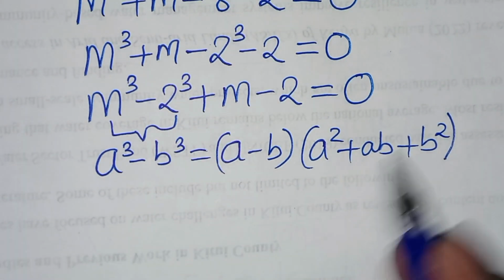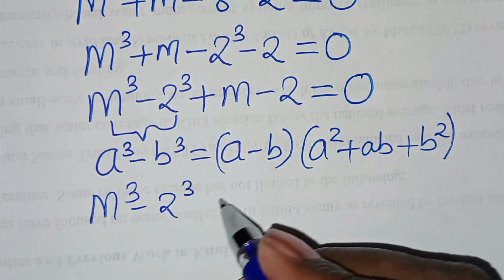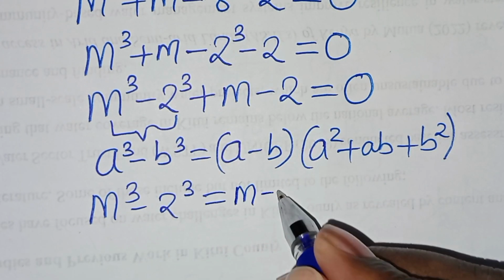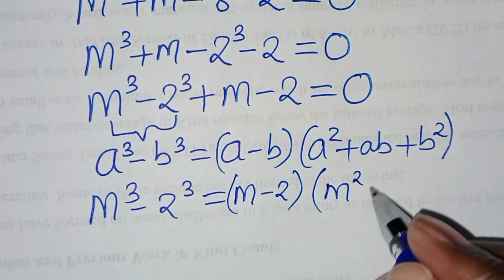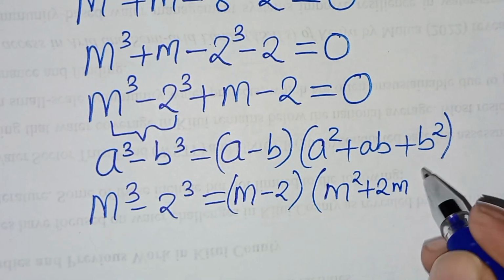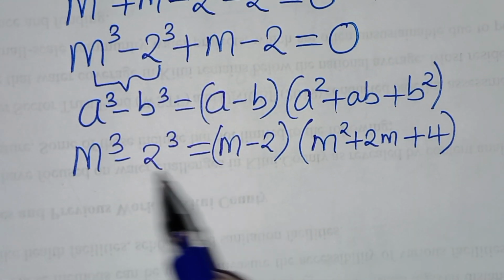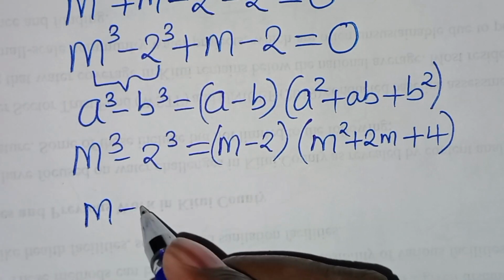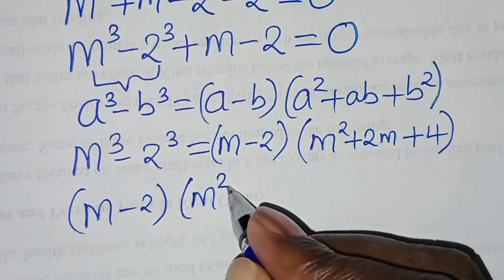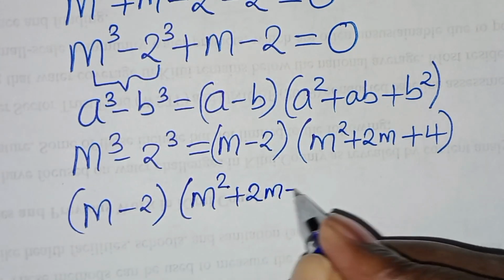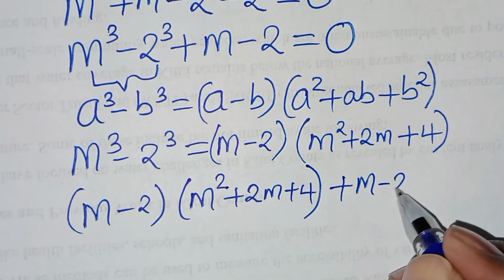Now, this implies that m to the power 3 subtract 2 to the power 3 can be expressed as m minus 2, then here we have m squared plus 2m, then plus 2 squared, which is equal to 4. Now, from this, we have m minus 2 multiplied by m squared plus 2m plus 4, close the bracket, then plus m minus 2.